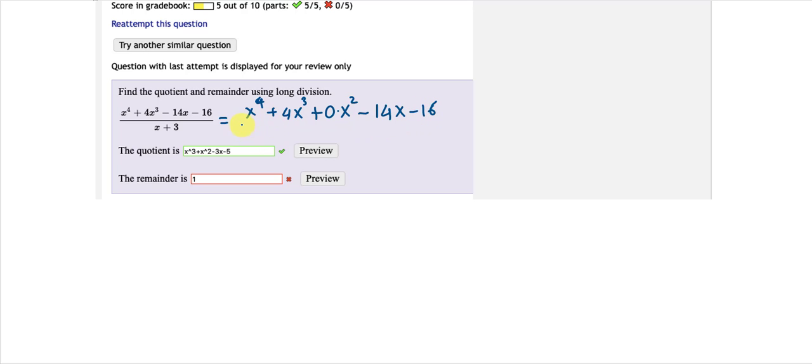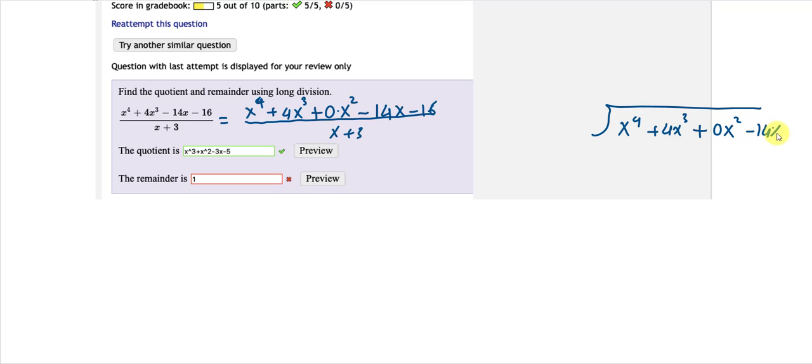Okay, and that is the top, and we divide by x plus 3. So now we can do that here. We put x to the 4 plus 4x to the third power plus 0x squared minus 14x minus 16. Okay, we divide that by x plus 3.